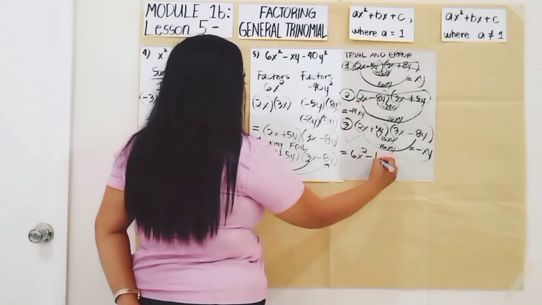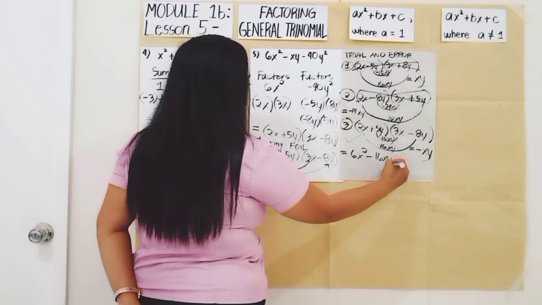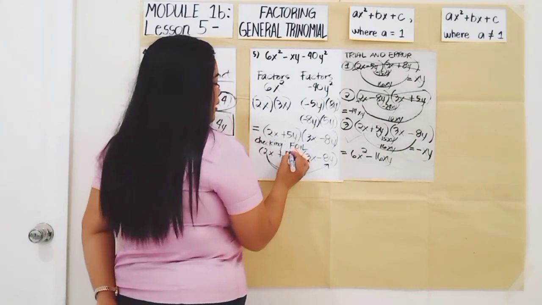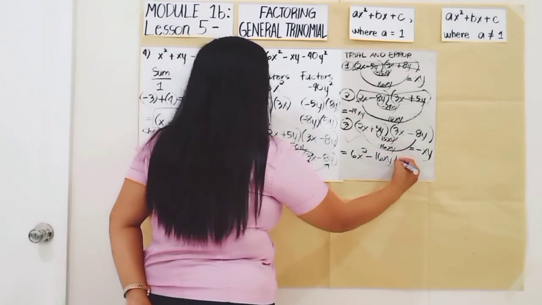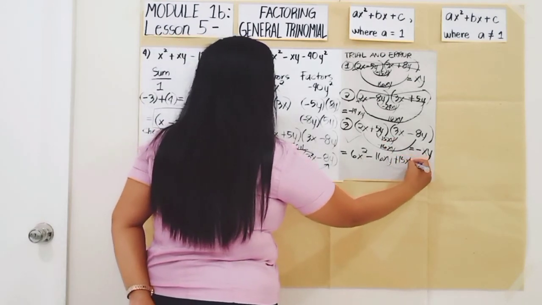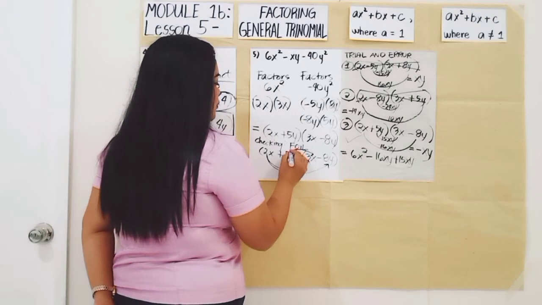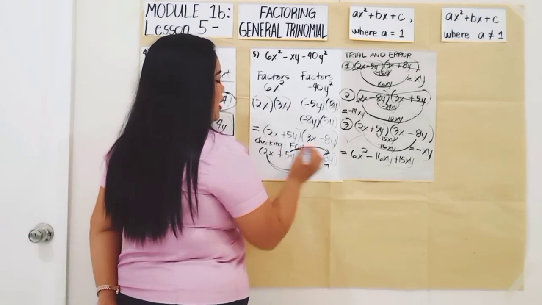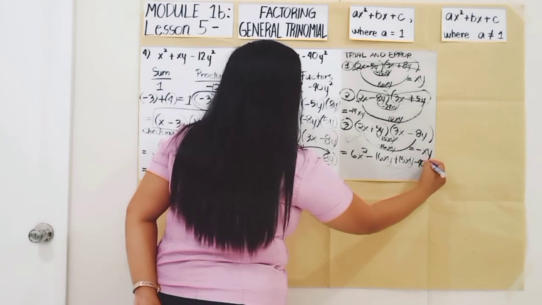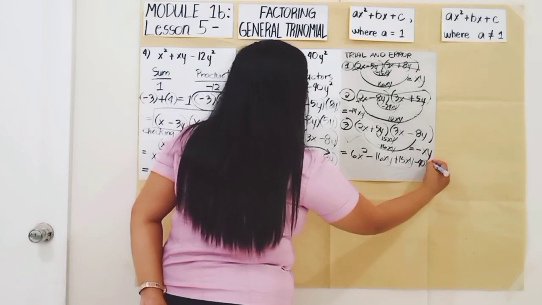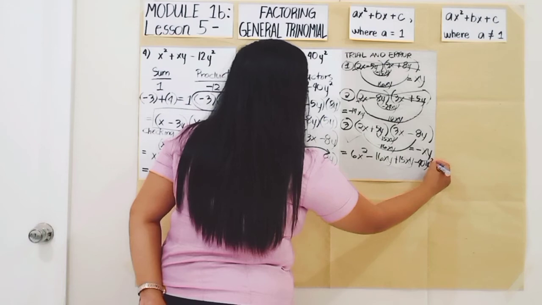That is negative 16xy. 5y times 3x. So that is 15xy. 5y times negative 8y. That is negative 40y squared.